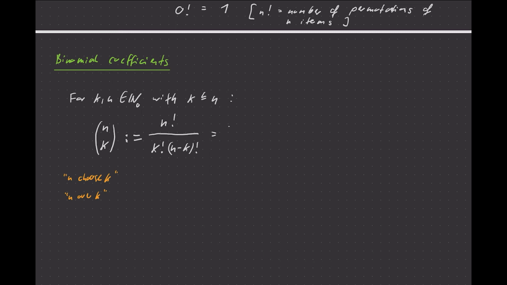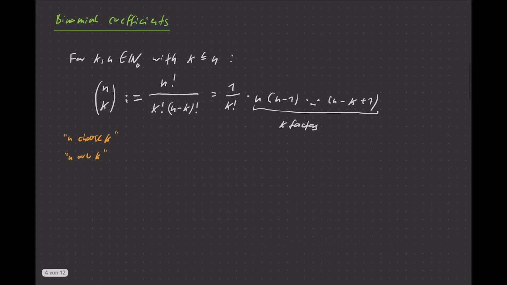Or it can also be defined as 1 over k factorial times n times n minus 1 and so on times n minus k plus 1. So kind of the inverse of a factorial, if you want, this last part here. That is n times n minus 1 and so on, and that's k factors here. Okay.